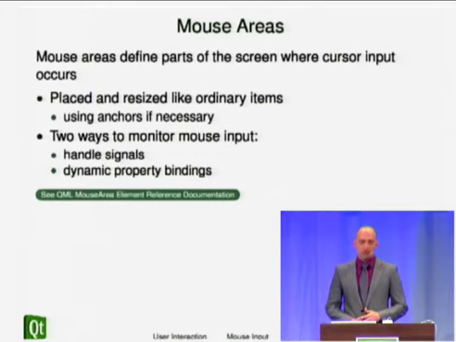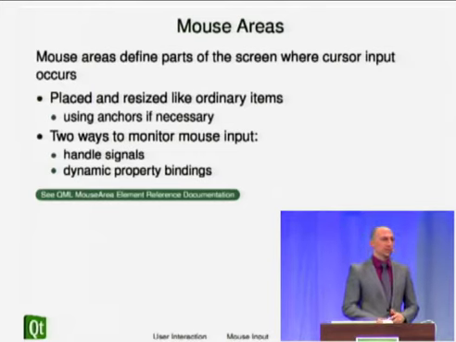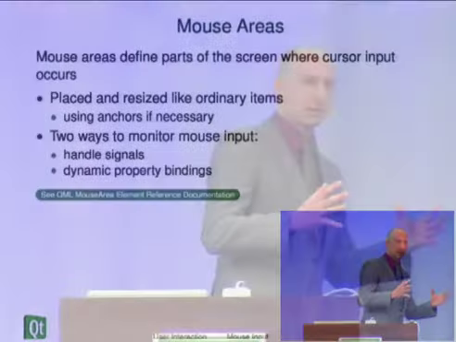But mouse areas are actually quite nice because they allow you to determine what is the clickable or the interaction area separately from what is the visual area, which if you're dealing with touch devices is really important because quite often you want more to be clickable than is actually visible. So you want the hit areas to be bigger, say, than the things you see, or you want to restrict input to certain parts of it. So you want control over what is the clickable area. And that's where mouse areas comes in.